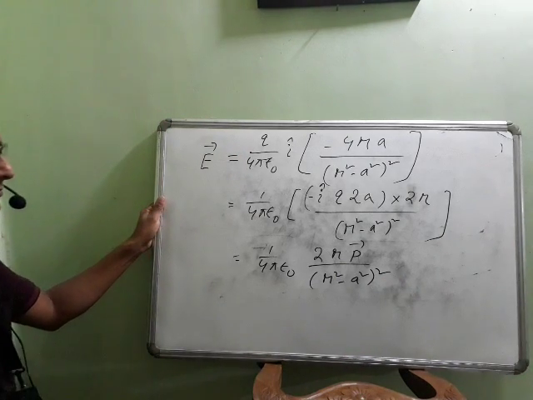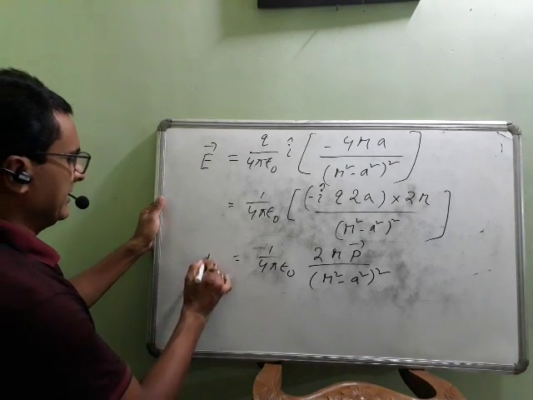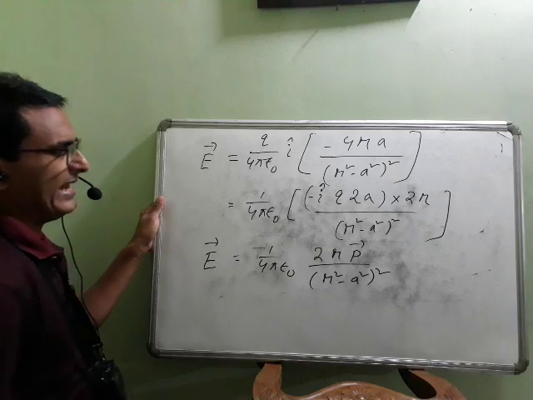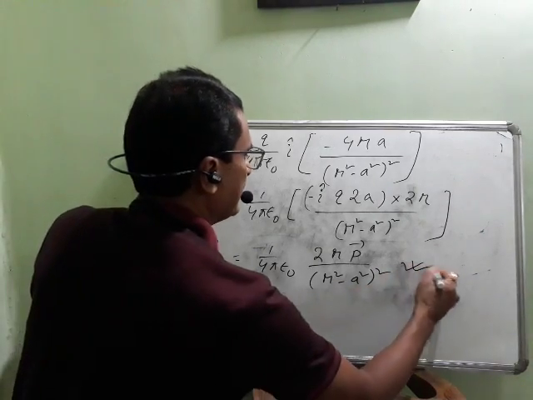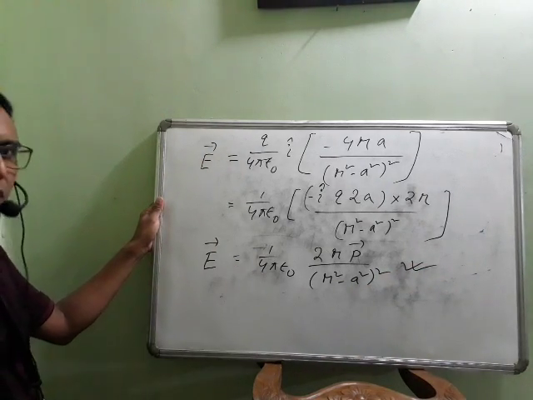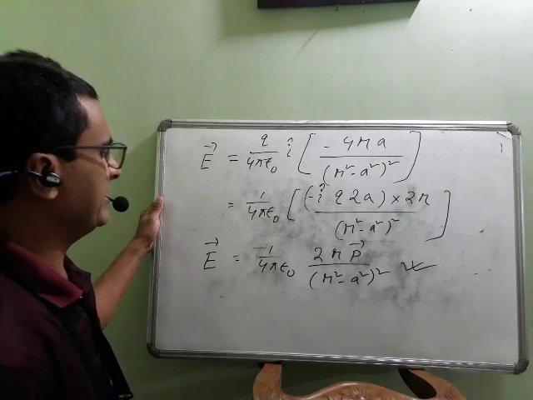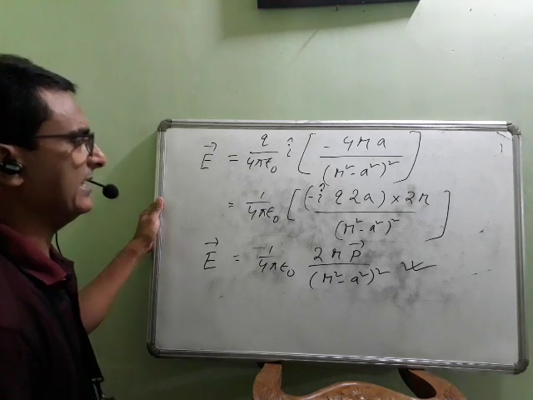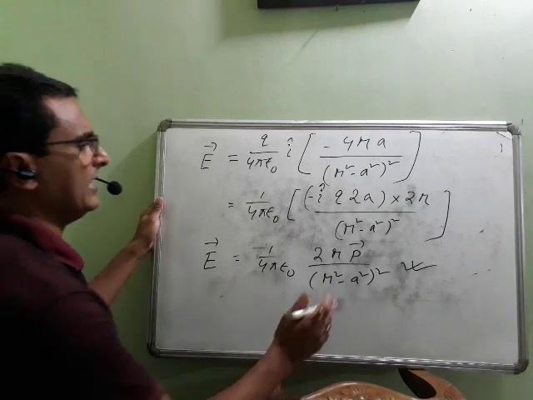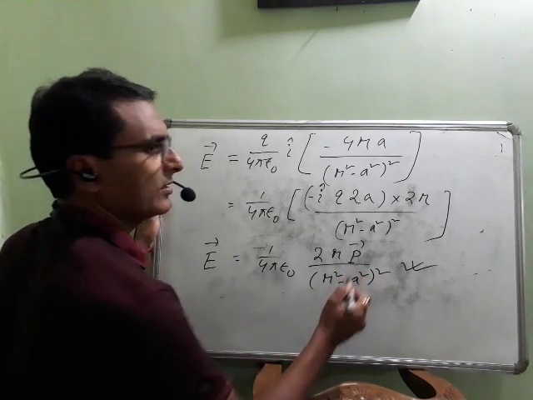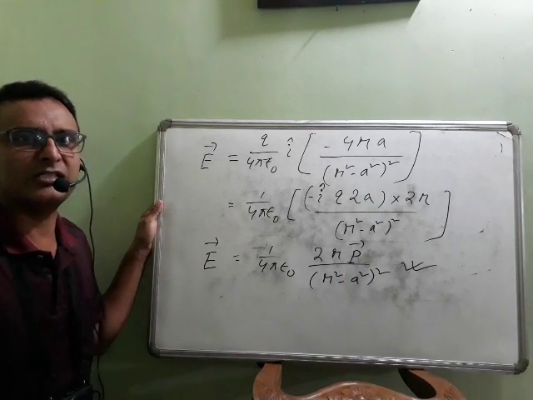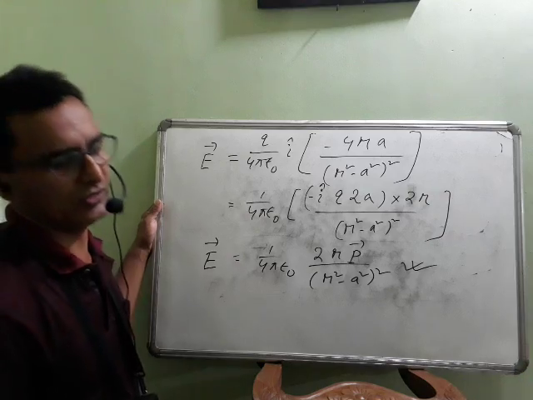So this is the electric field at an axial point of an electric dipole. Now what is the direction of the electric field on the axial point of an electric dipole? It is along the direction of the dipole moment, which is from negative charge to positive charge.